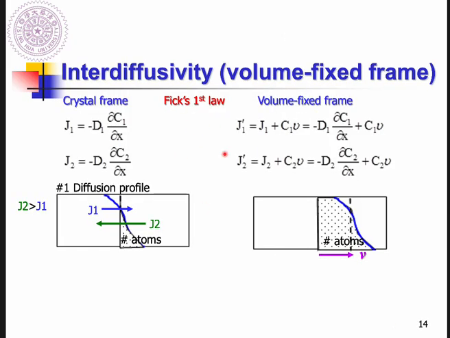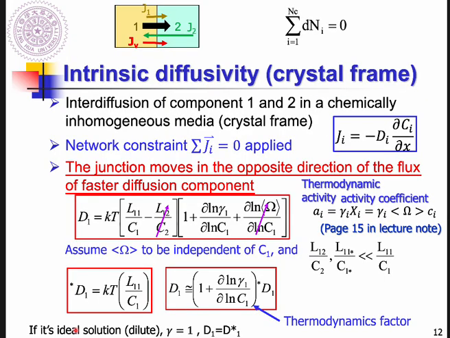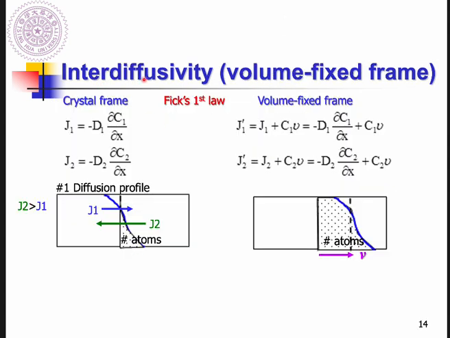And now I have some idea. As long as it is an ideal solution or dilute solution, D1 star equals D1, then what's the relation between intrinsic and interdiffusivity? Just the reference coordinate difference, right? Because for intrinsic diffusivity, you stand at the interface and move with the interface.